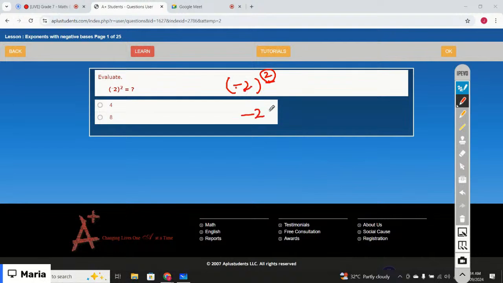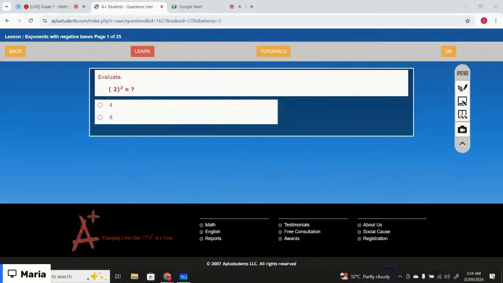That is like this, negative 2 times negative 2. Got it? When you multiply two negative numbers, the answer is always a positive number. So 2 times 2 is 4. So the correct option is option number 1, that is 4.